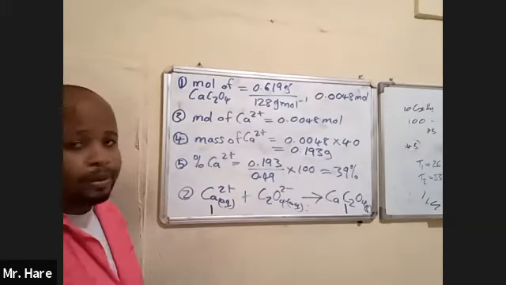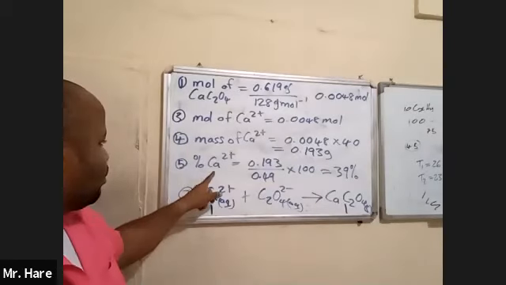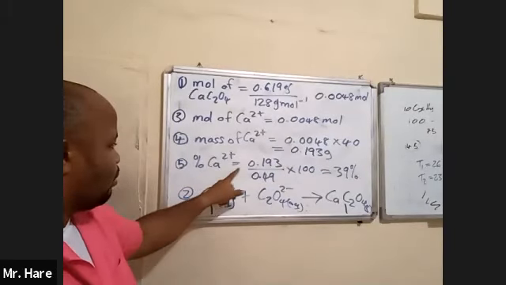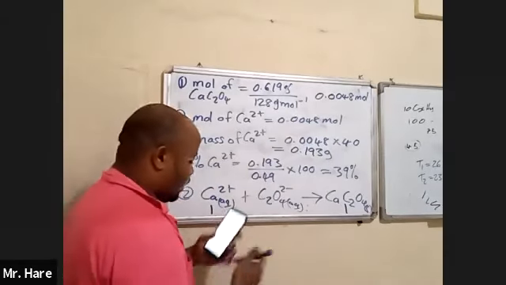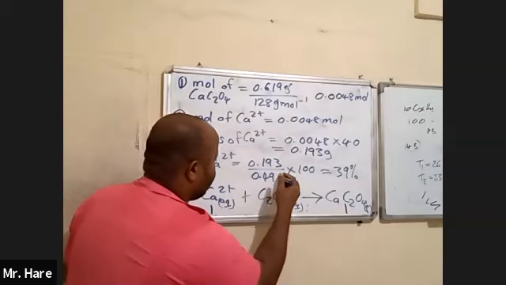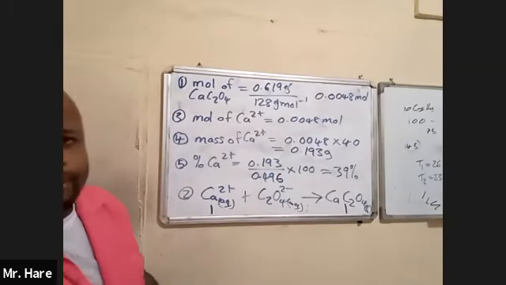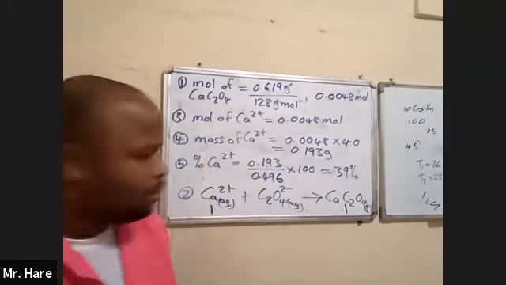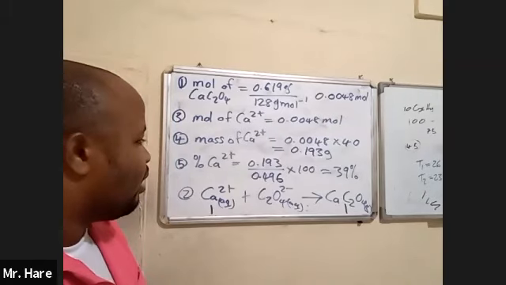So for the percentage of Ca2+, you have 0.193 over 0.496. Oh, 0.496, sorry about that. Is it still 39? If you round it, you'll get 39, but it's 38.91 if you don't round.